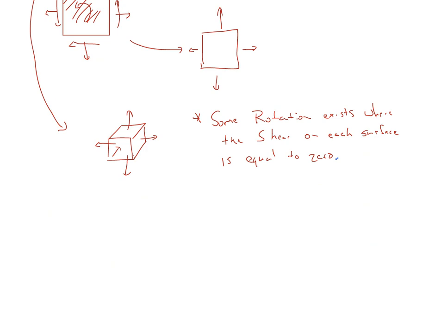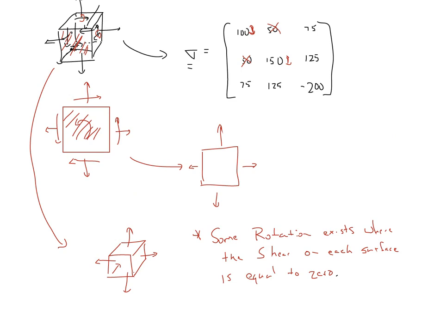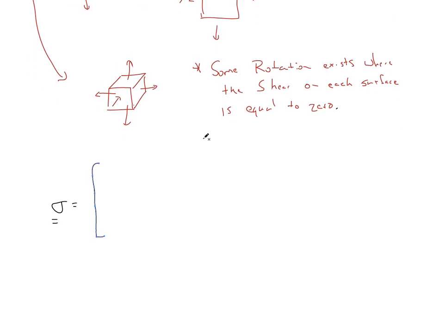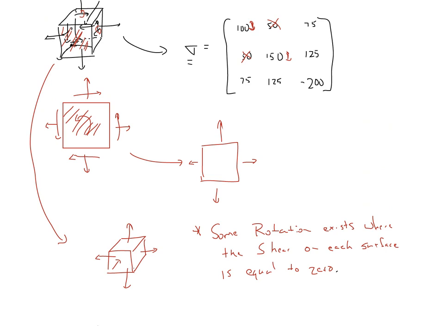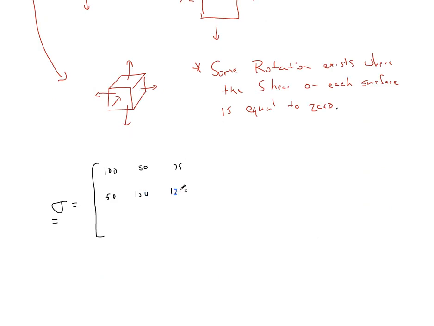Switch back to black. And take my stress tensor. And let me see what it was up above. 150, 75. Okay. So remember, this is position. We'll say position 1.